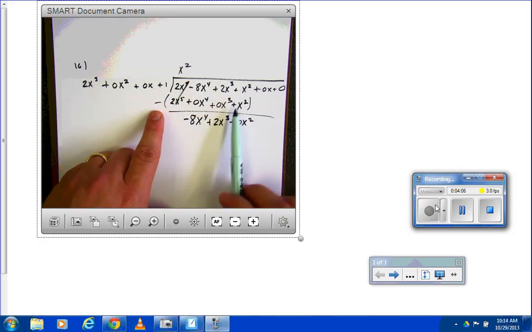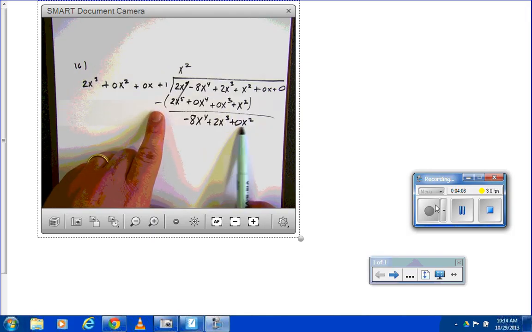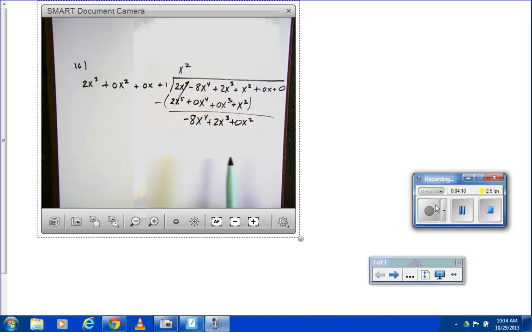And then what about this? x squared minus x squared is 0x squared. I'm not going to mark them out and say they go away, because I have to have a placeholder right there. It's not like the first one. The first one's always going to go away, and it just goes away.